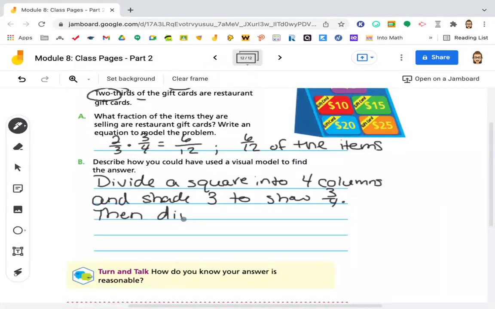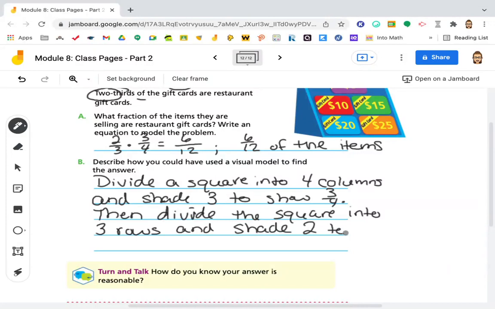Then divide the square into 3 rows and shade 2 to show 2/3.